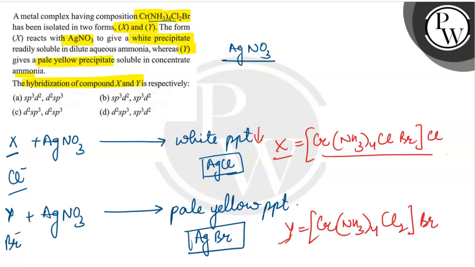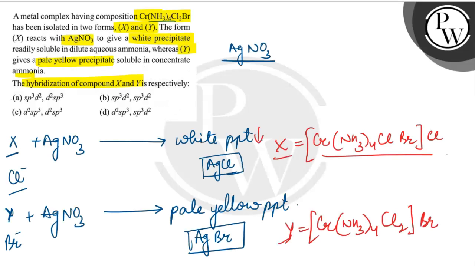Now we go to the hybridization. In both complexes, chromium has a three positive ion.